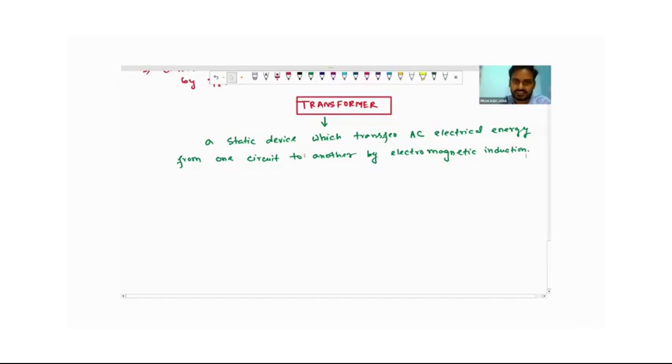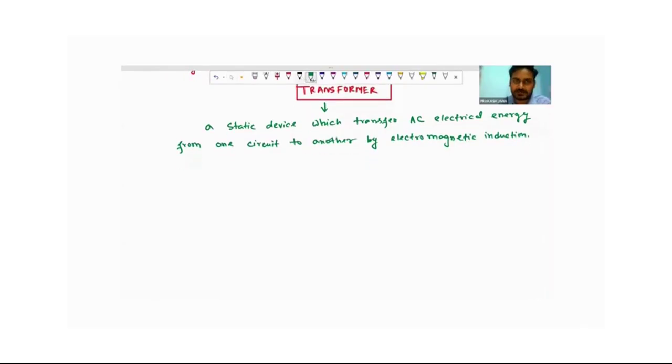Okay, so this is what a transformer is. What is the basic principle in the case of a transformer? Basic principle.